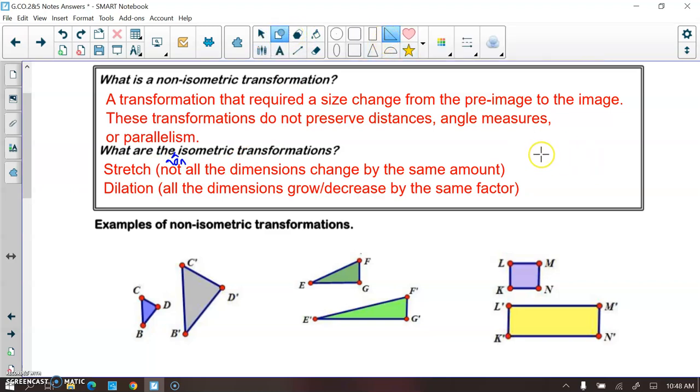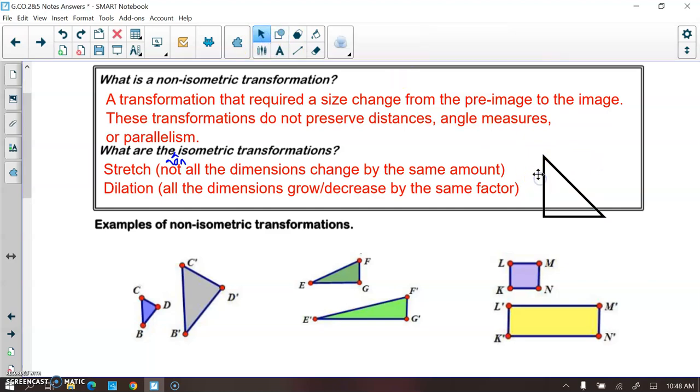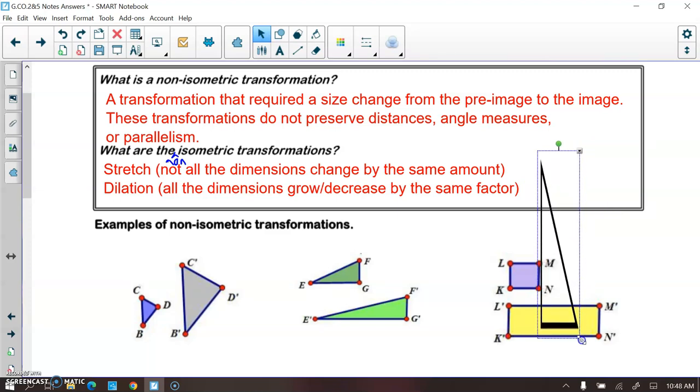So what a stretch is, for example, let's say I have this triangle here, and I decide to just stretch it like this. So you can see that not all of the sides grew by the same amount. That's a stretch.